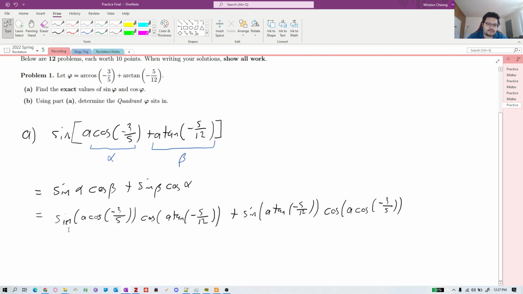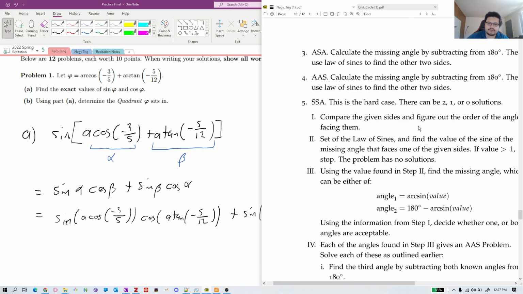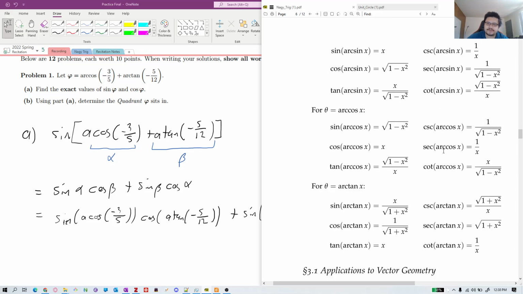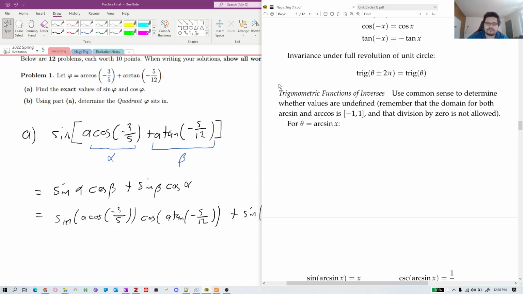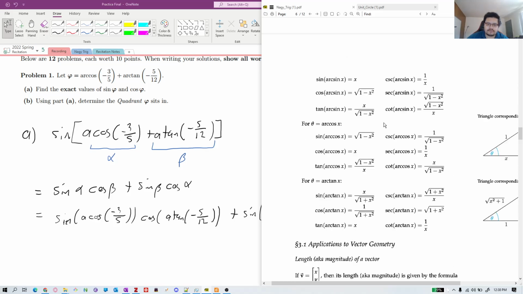So now you see these trig of inverse trig sub-expressions. That should remind you of a part of the formula sheet where we have those sets of formulas, and these are the 18 formulas, right? This right here, trig functions of inverses, and so you've got a block of 18 formulas right there. So let's take a look.